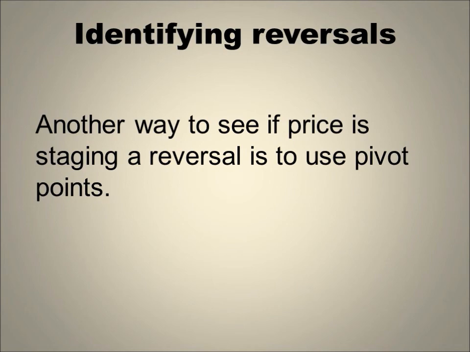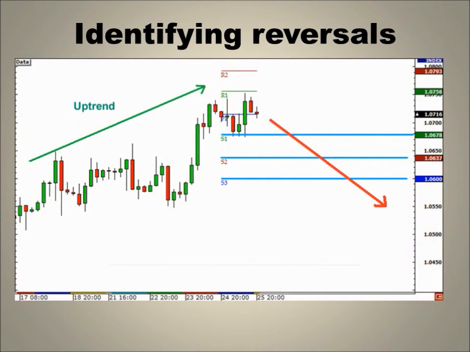So again, here we have an uptrend, and here the market is stalling between the two lines of resistance. And as we can see, one of the lines of support has been breached a few times, and here we have the pivot point. Notice that the candlesticks are hovering back and forth around that pivot point.